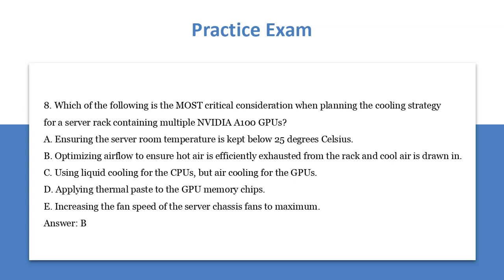8. Which of the following is the most critical consideration when planning the cooling strategy for a server rack containing multiple NVIDIA A100 GPUs? A. Ensuring the server room temperature is kept below 25 degrees Celsius.